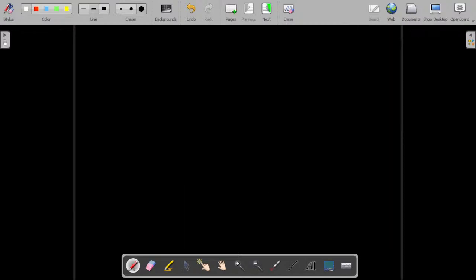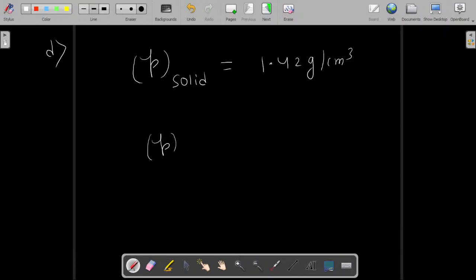Last part is D. Will it float or sink? That solid. So we have the density of solid as 1.42 gram per centimeter cube, and the density of water is 1 gram per centimeter cube. So the density of solid is more.